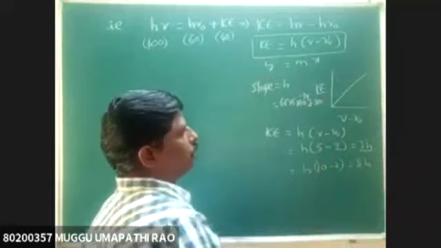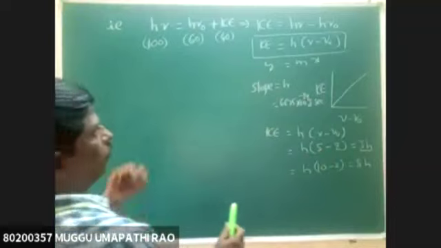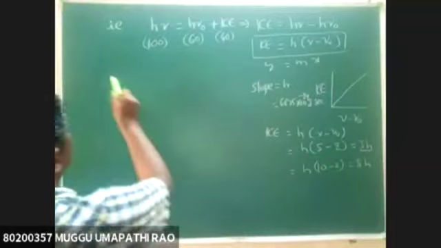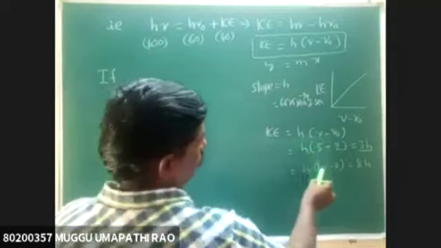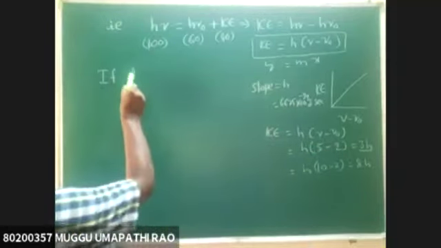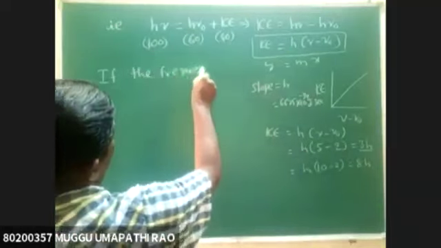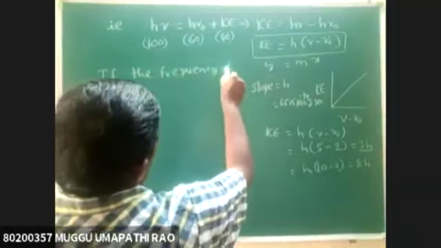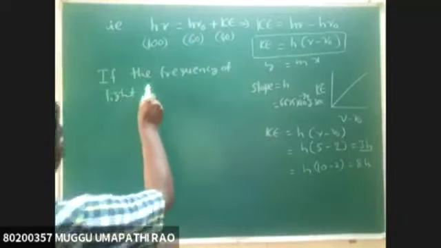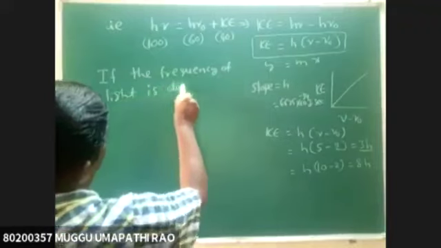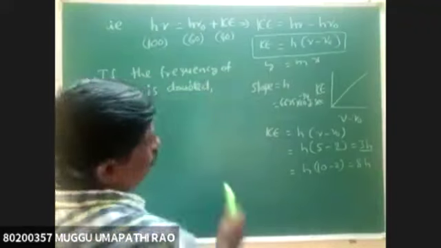From this, what did we understand? A very, very important point I am going to say here. If the frequency of light is doubled, in examinations they will ask, what is its impact on kinetic energy?